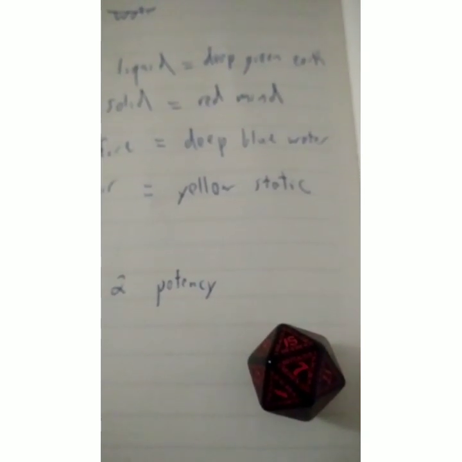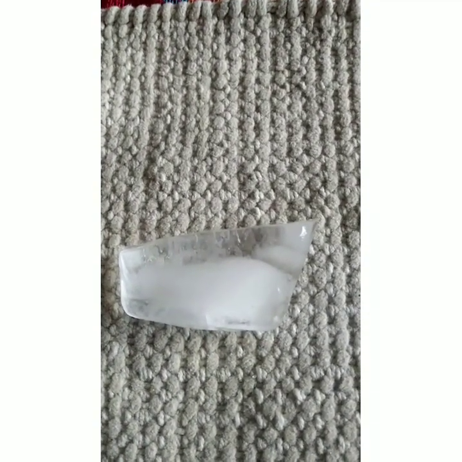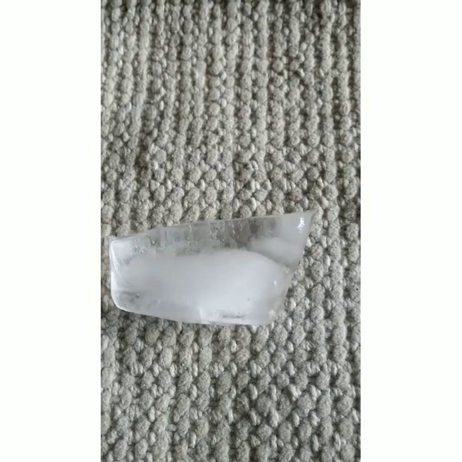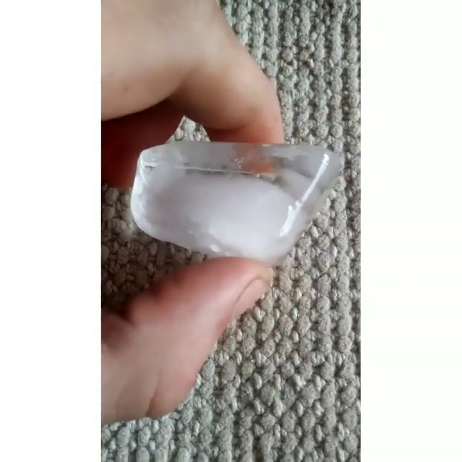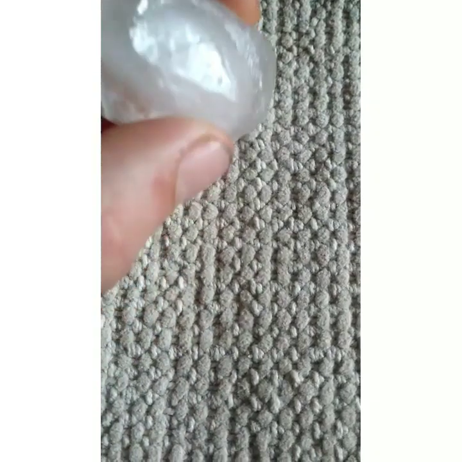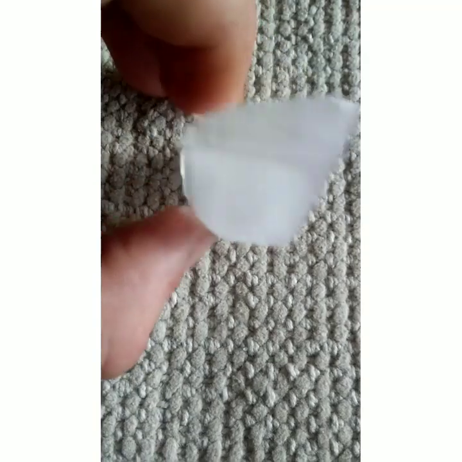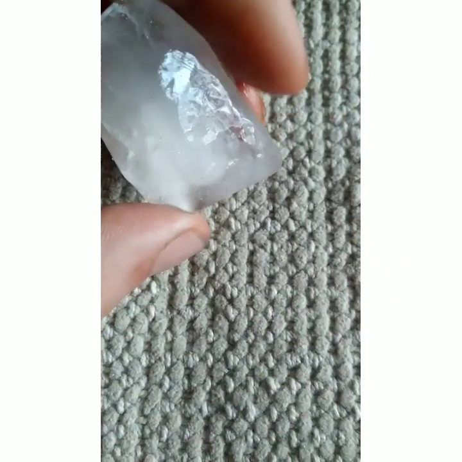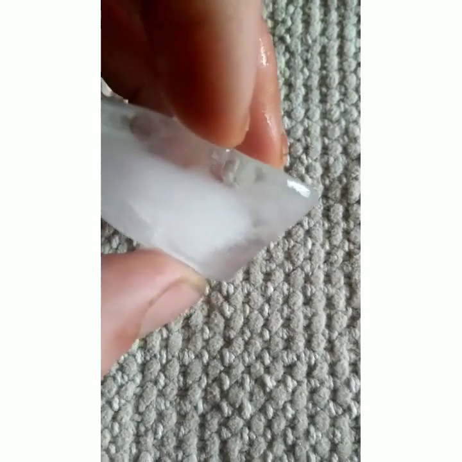Alright, I'll be back. I applied the 4 elements to the 4 cardinals, and I got the idea of using ice as a very malleable crystal for distortion.